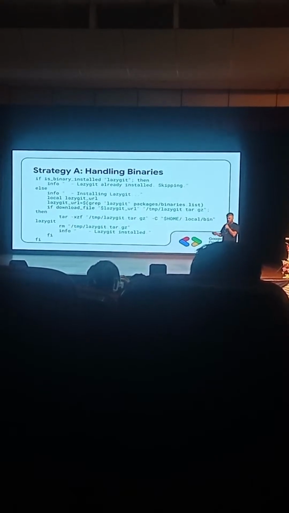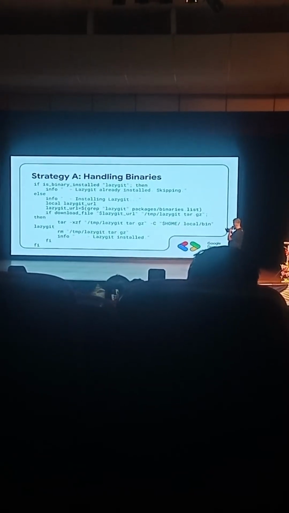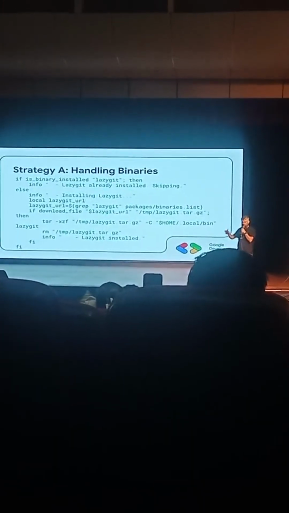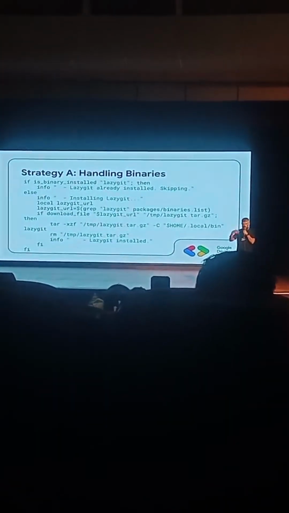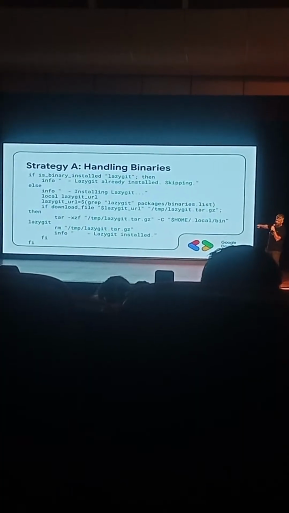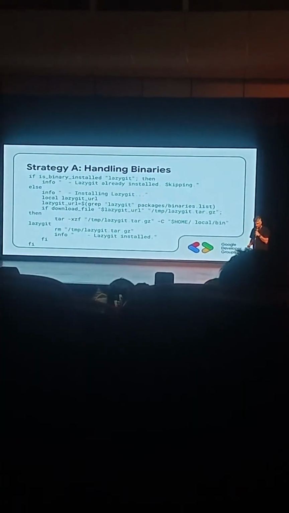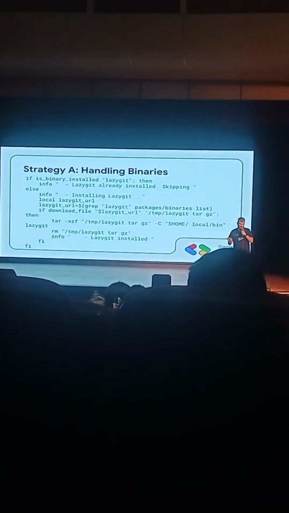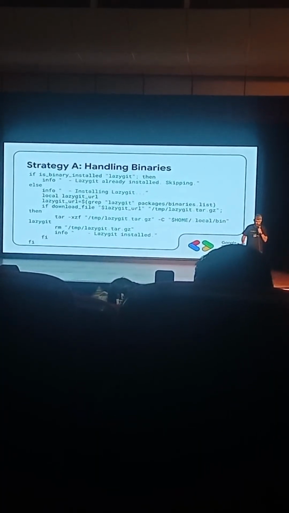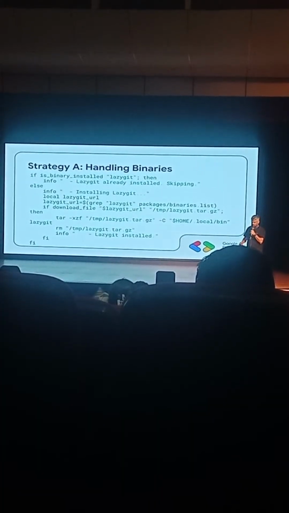This one is quite simple, because we simply take the URL of its tarball, download it, and then install from it, and we specify that we want to install it in the home directory. In most cases, if you have access to these tarballs, you can directly install things in the home directory.